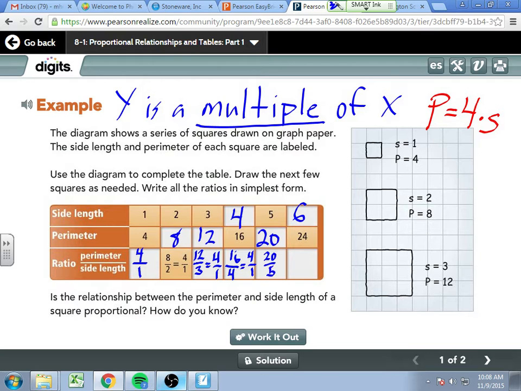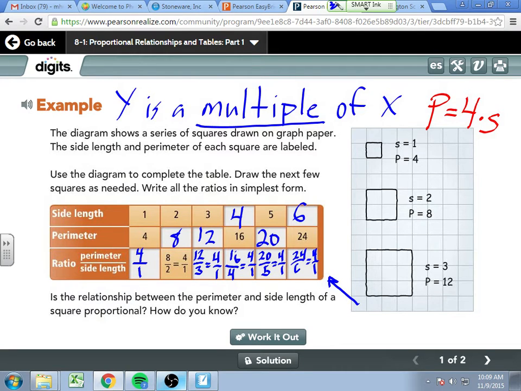I get 20 over 5, which reduces to 4 to 1. And 24 compared to 6, which again, surprise, surprise, reduces to 4 to 1.